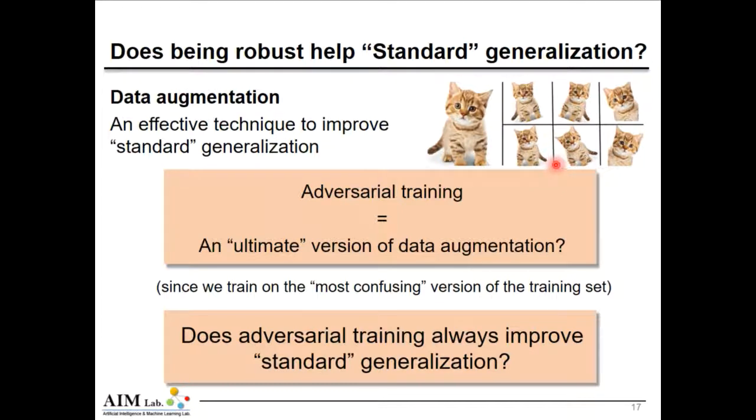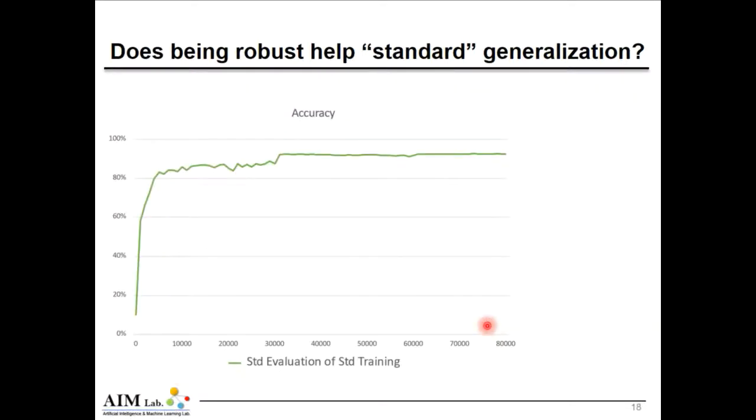Adversarial training, which is the current leading technique to get robustness, can be viewed as the ultimate version of data augmentation, because it trains on the adversarial perturbation of the training data. In some ways, you are training on the most confusing version of the training set. Then being robust can make standard generalization even better, because we can think of an adversarial example as the ultimate version of data augmentation.